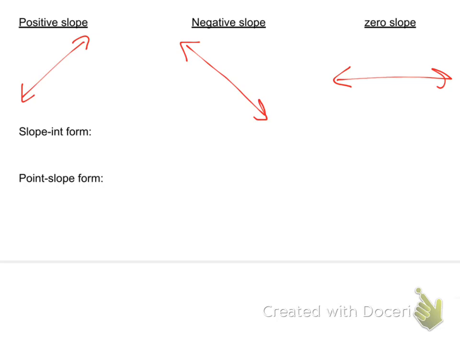I also put up here slope-intercept form, point-slope form, and I'm going to add one more: slope formula. We'll start off with the easy one here. What is slope-intercept form? y equals mx plus b.